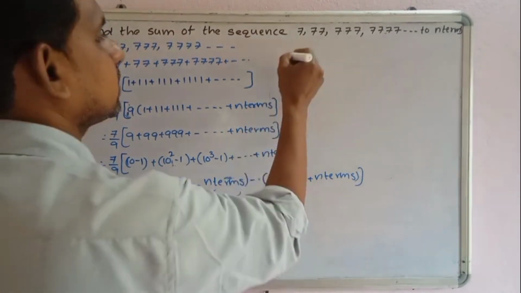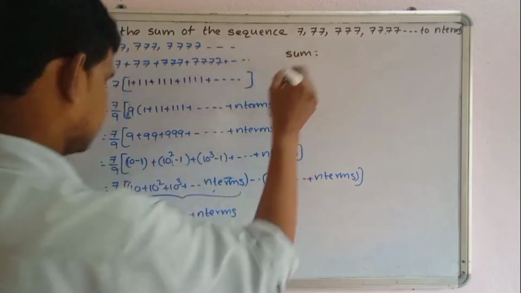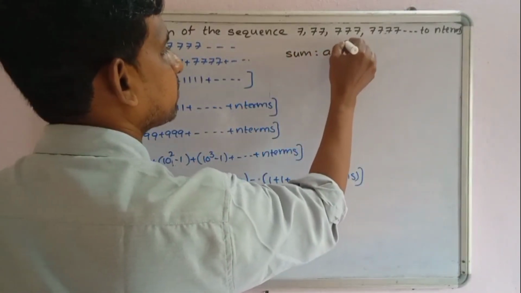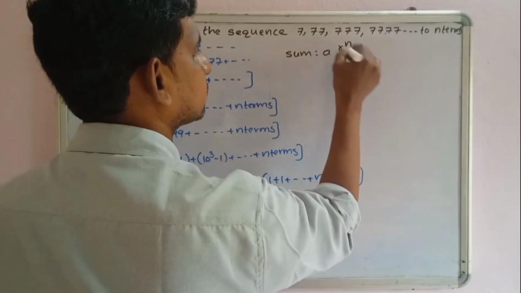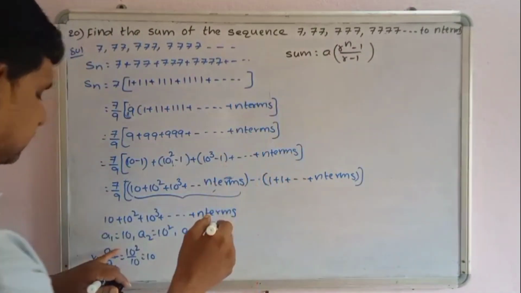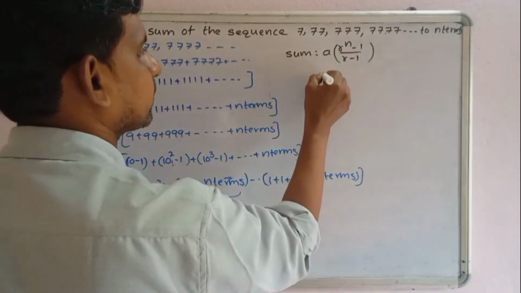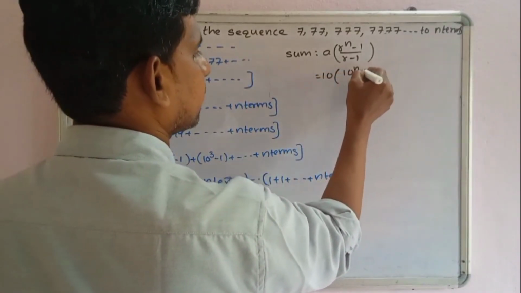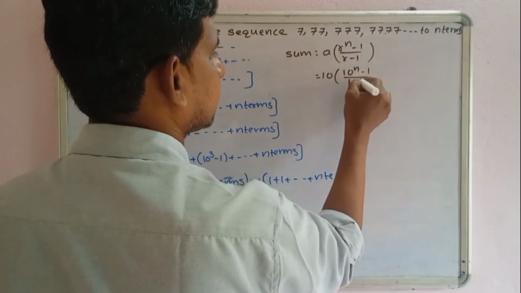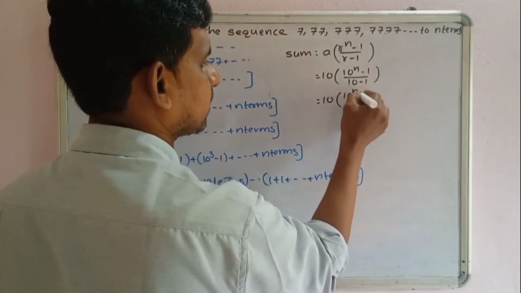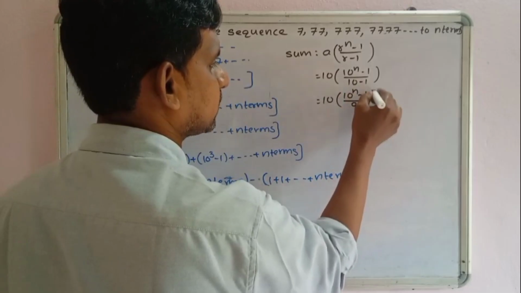Sum equals a into r power n minus 1 by r minus 1. So here a value a1, that is 10, into r value, 10 power n minus 1 by 10 minus 1, that equals 10 into 10 power n minus 1 by 10 minus 1, which is 9.